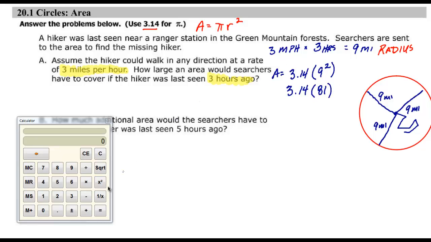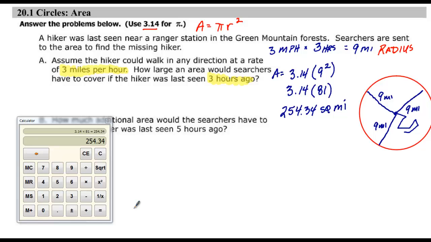You shouldn't need the calculator to square that, but we'll use the calculator to do this. 3.14 times the 81 tells us that we need to cover an area of 254.34 square miles. That's the amount of distance that the hiker could have traveled since we don't know what direction.